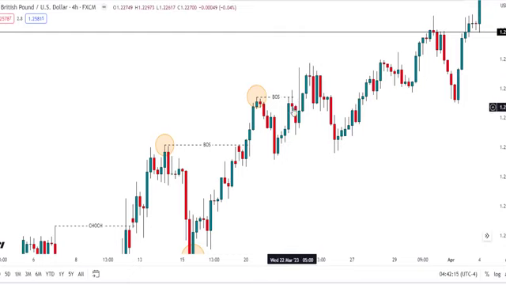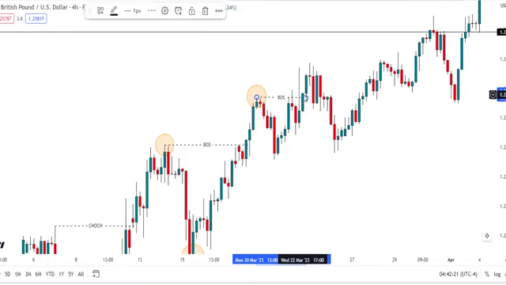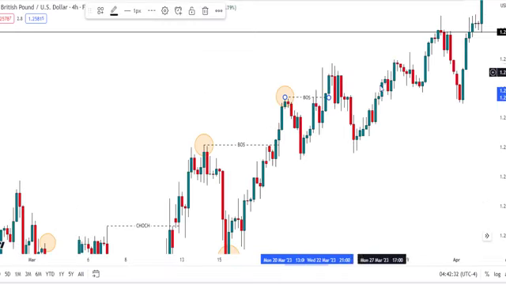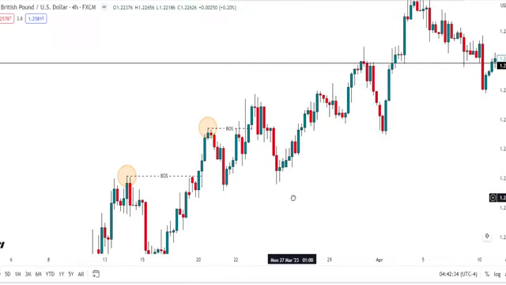This is not a break of structure. This is where a break of structure actually happened, where you see the body of the candle closed outside this line. So this is the very basics of market structure. Whenever you see that, you should be able to take notice of it. And then we formed a new range. This is it.